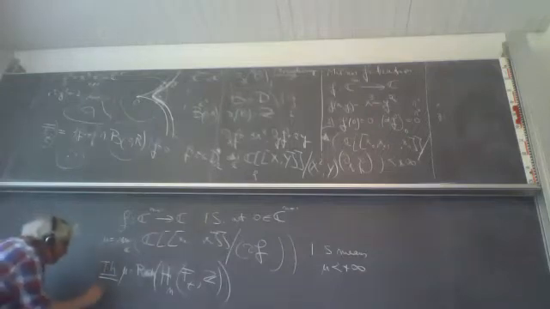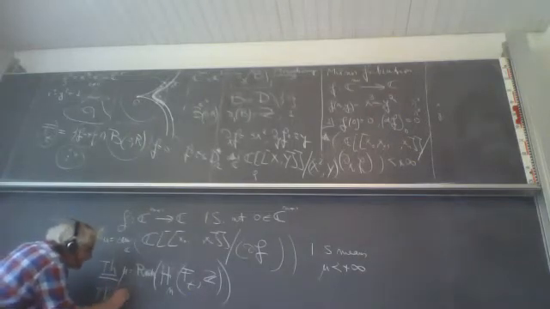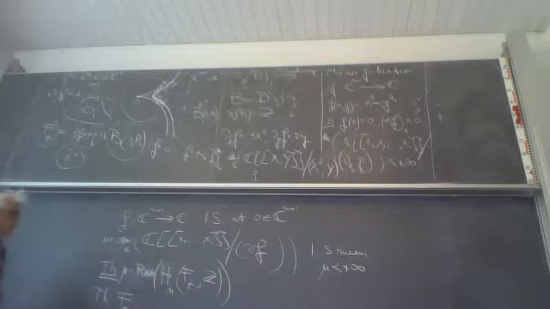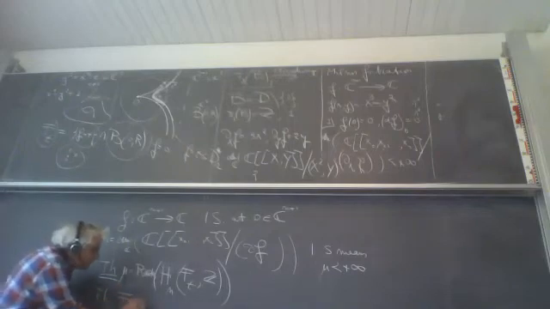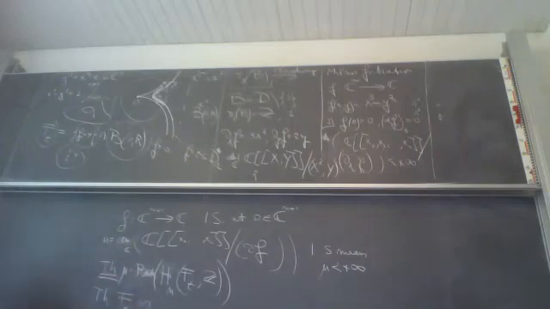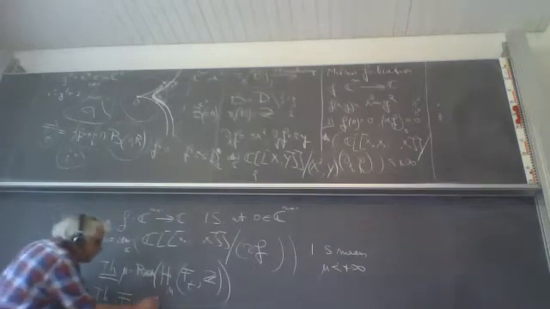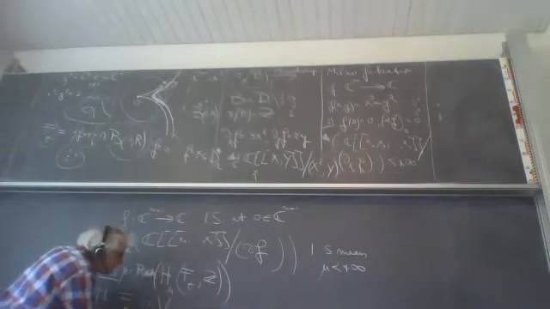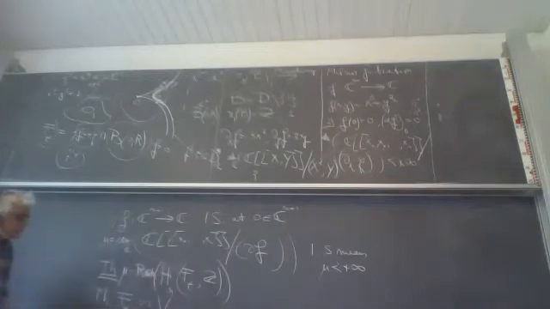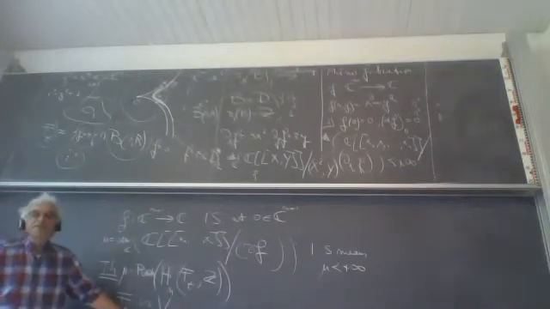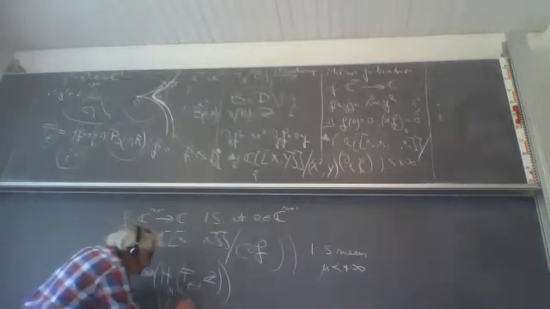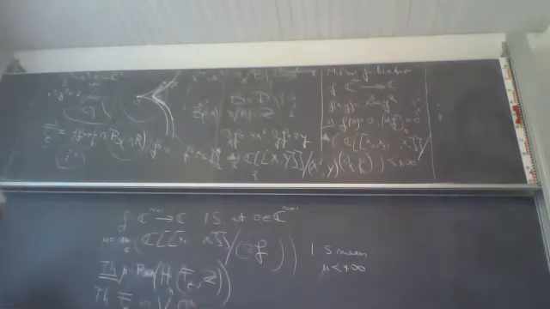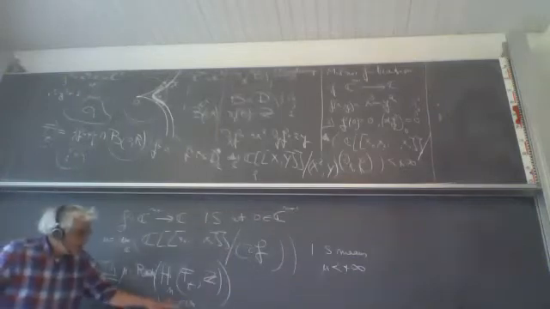So the next theorem says something about the homotopy type of the local nearby fiber. It is homotopic to a wedge of spheres, and the number of spheres involved is exactly this Milnor number mu. It is a wedge of mu n-dimensional spheres.